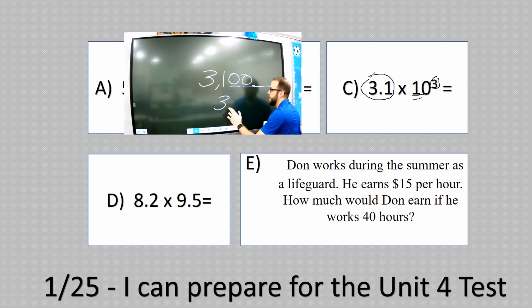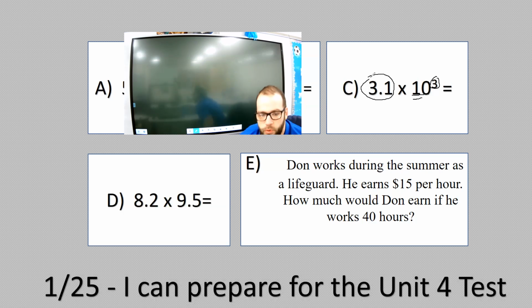Okay, let me show you that again. 3.1, and it's getting multiplied by 10 once, twice, 3 times. So 3.1 times 10 to the third power is 3,100.